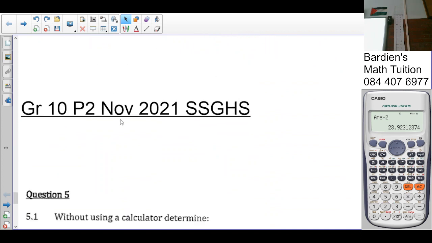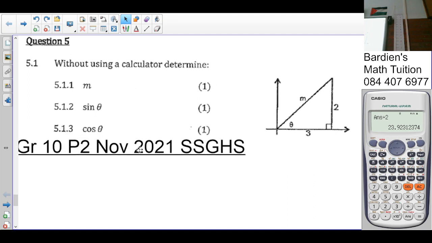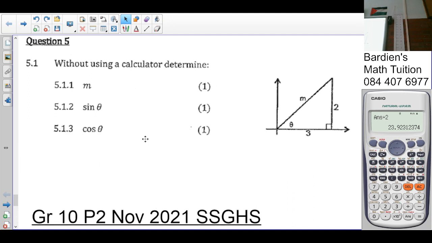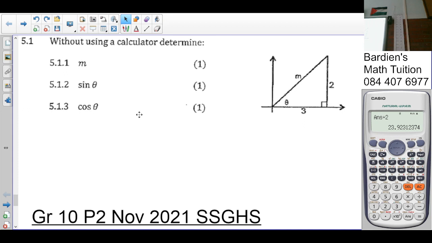Did I ask you to do the next question as well? Yes, question 5. In question 5, it says, without using a calculator, determine m. So what is m? m is your hypotenuse. How do you calculate it? Using Pythagoras. So m squared is equal to 2 squared plus 3 squared, which gives you 4 plus 9 is 13.